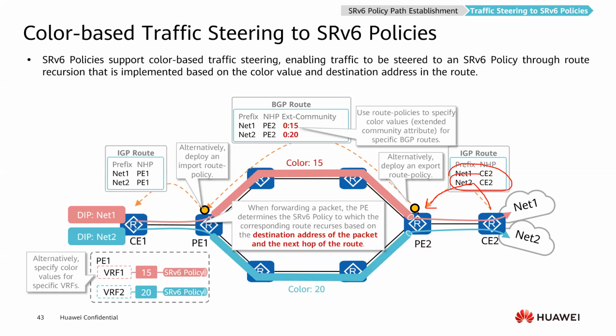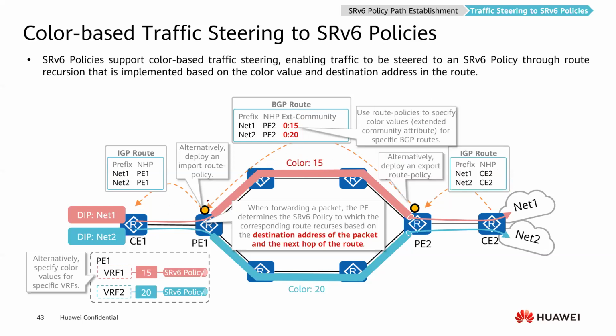And when P2, based on VPNv4, VPNv6, or EVPN address families, sends to its peer P1, there will be 3 things you can do during sending the route entry. First, when the route entry is sent to P1, P2 can apply some export route policy to add this color. The color looks like 0 colon something. This is your color number, right? This is a color number.